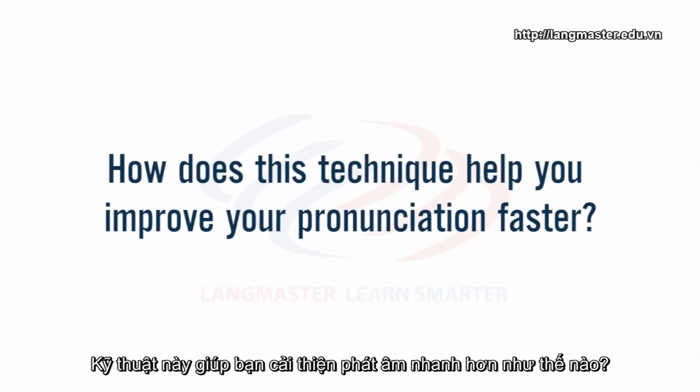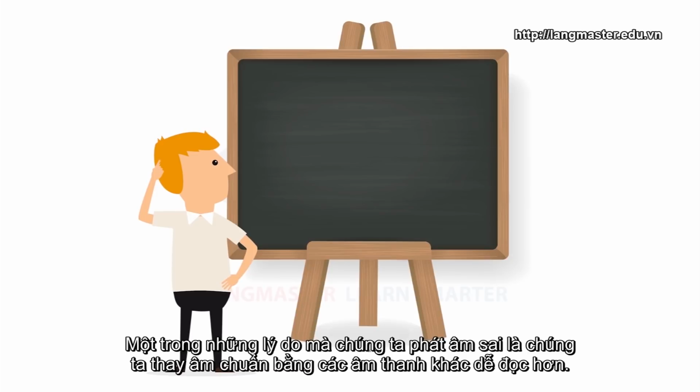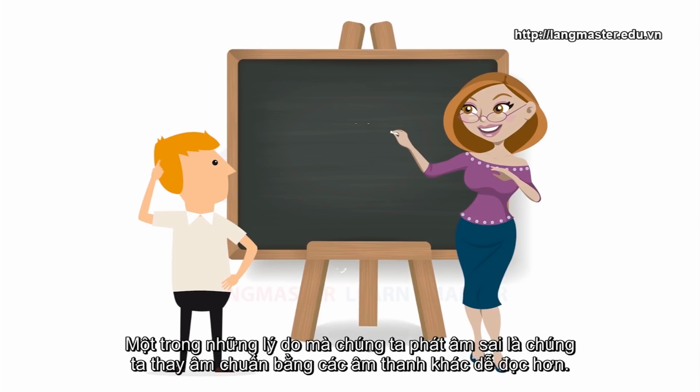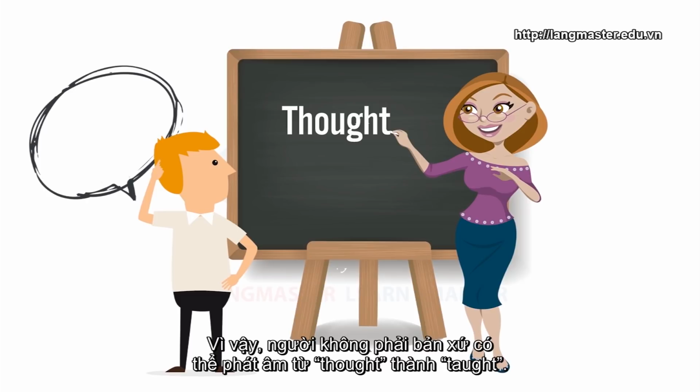But how does this technique help you improve your pronunciation faster? Well, one of the reasons that we mispronounce words is that we replace certain sounds with other sounds that are easier to say. So, a non-native speaker might pronounce this word as taught instead of thought.